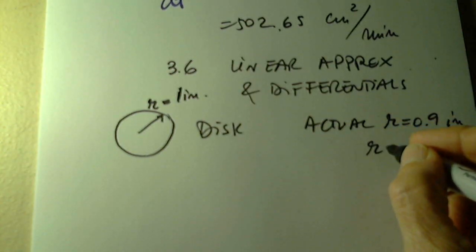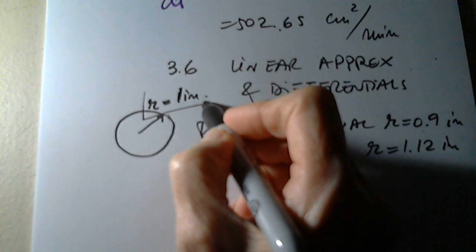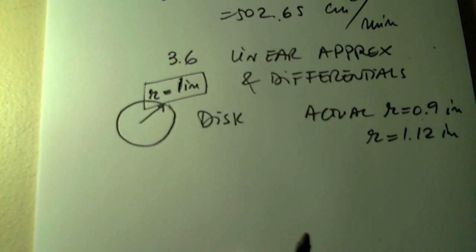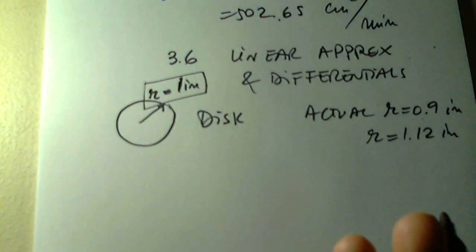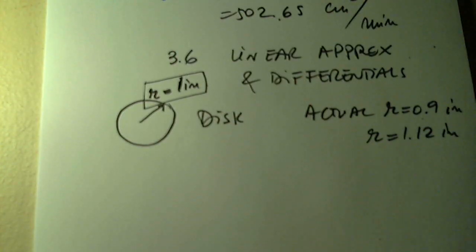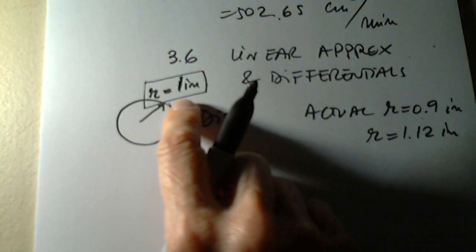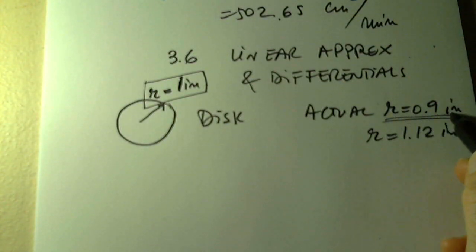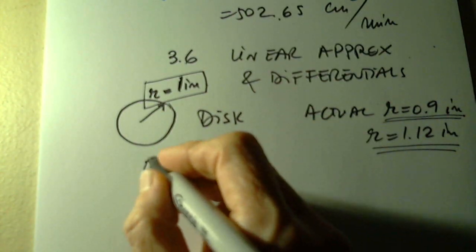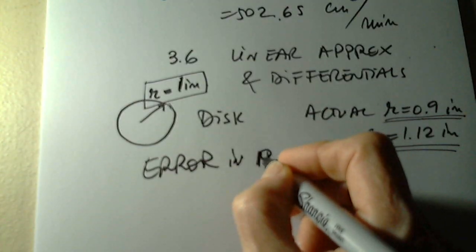Or the actual is, let's say, 1.12 inch. But it's not what it was supposed to. So let's say I produced myself this disk, but I did not produce it by specifications. I either have a little bit less in the radius or a little bit more in the radius. So I have an error in radius.